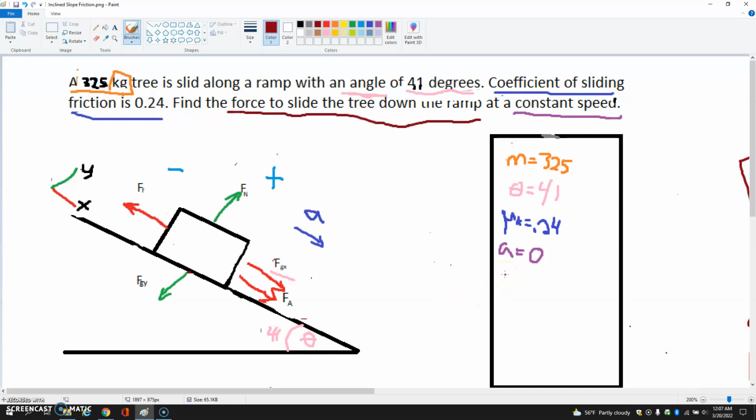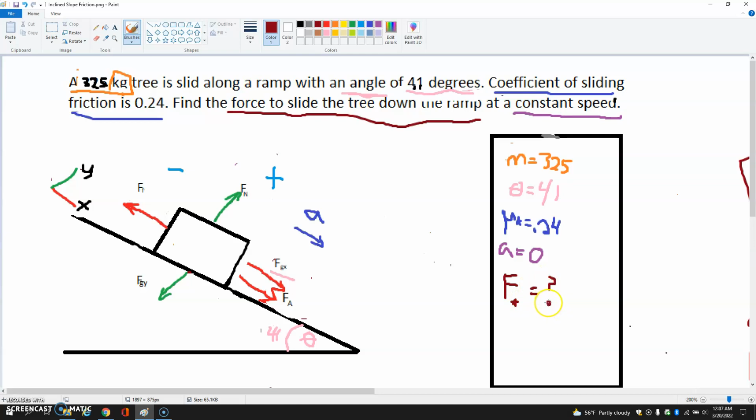So I've talked about sometimes there is force applied, sometimes there's not. If there is, it will be mentioned in the problem, and you have to look for that. So here, it does not say anything about applied force. It just says, find the force.